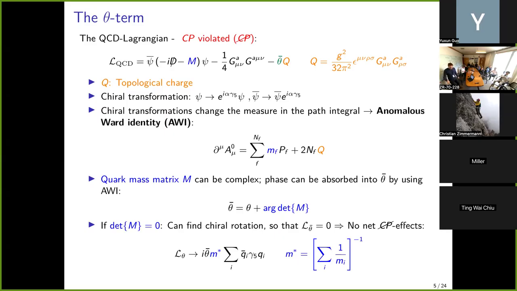And the thing is, if one of the quark masses is 0, then you can always find a chiral rotation so that the theta term vanishes. You can completely rotate the theta term into the quark masses basically, which implies that we have no net CP-violating effect in this case. So in the chiral limit there are no CP-violating effects in the end.